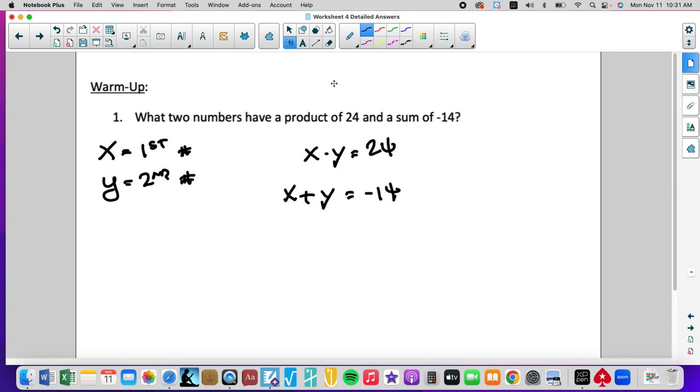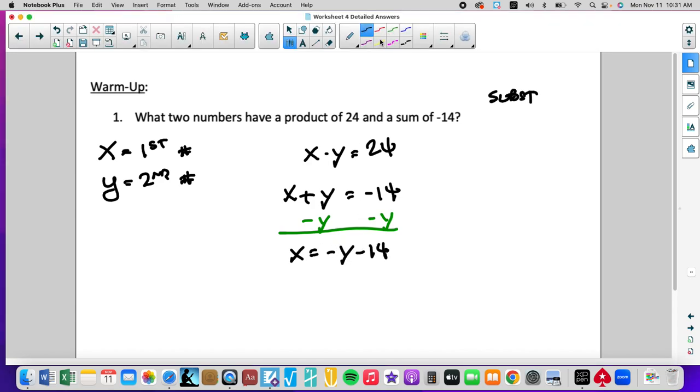So what we want to do is use the substitution method. We're going to isolate this bottom equation. Let's isolate for x just for fun. So this equation is now x equals -y minus 14.